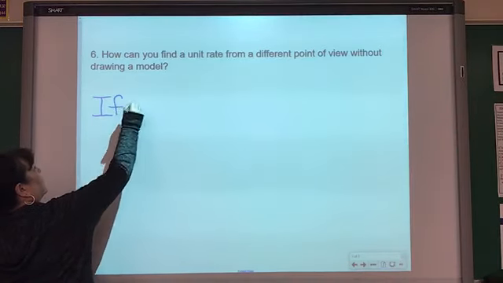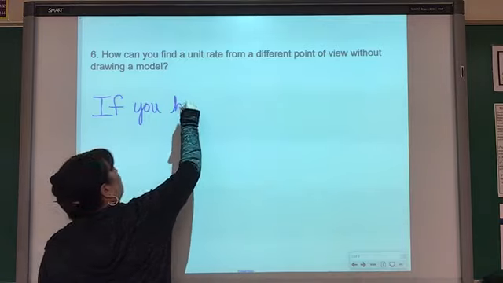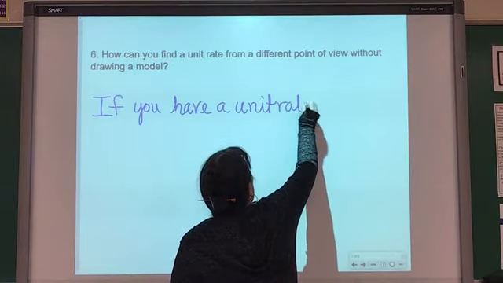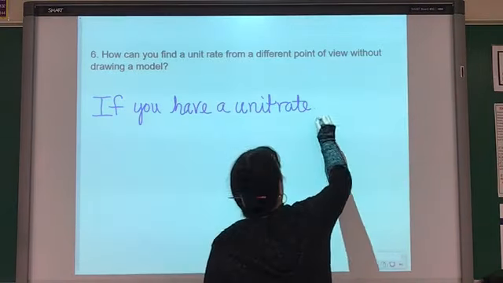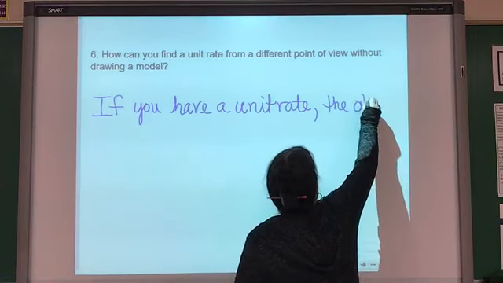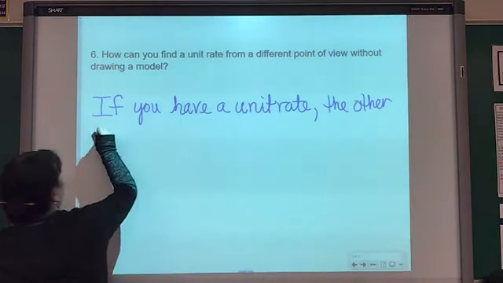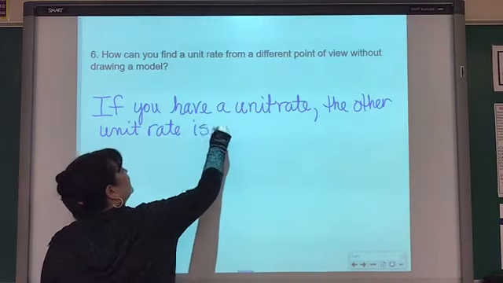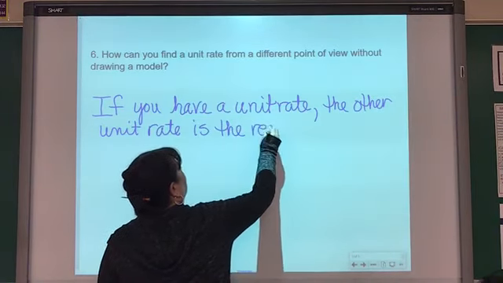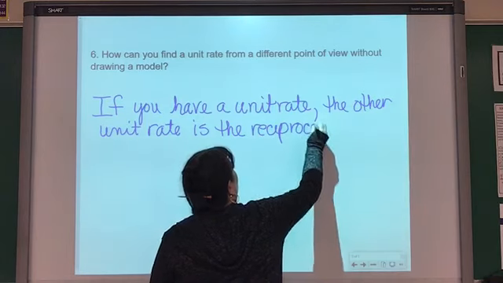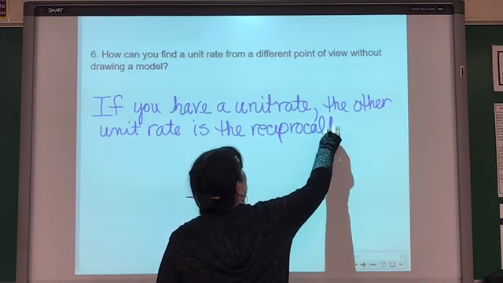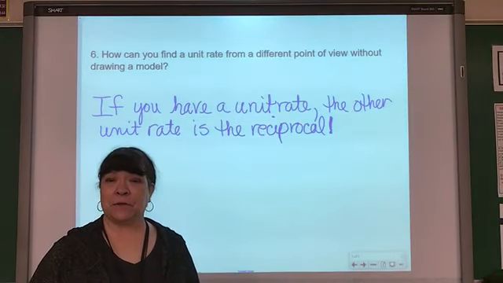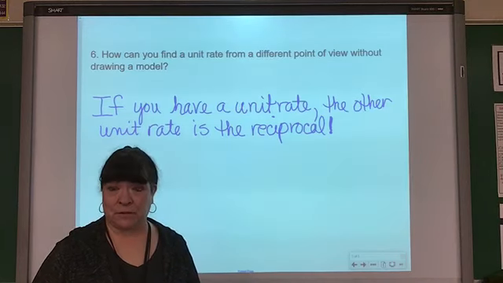If you have a unit rate, the other unit rate is the reciprocal. What? Okay, so remember back, we pointed that out on a couple of them. And if you look back on the previous examples, they are all reciprocals of each other.